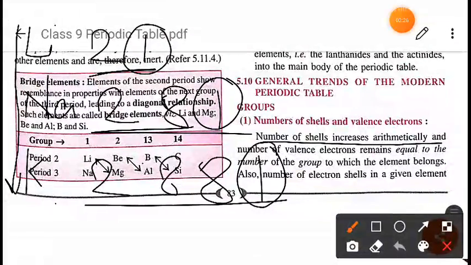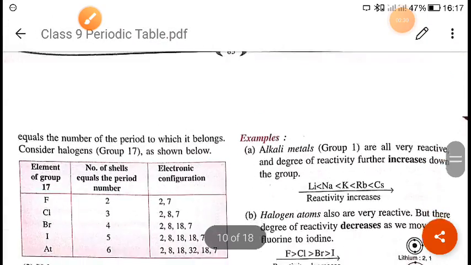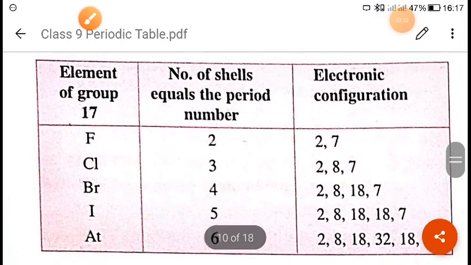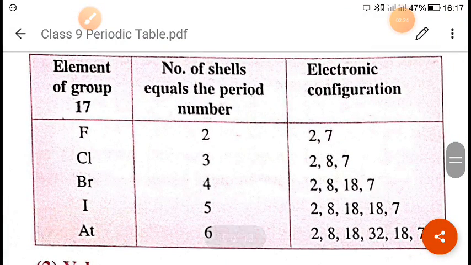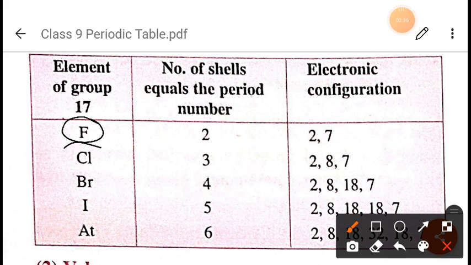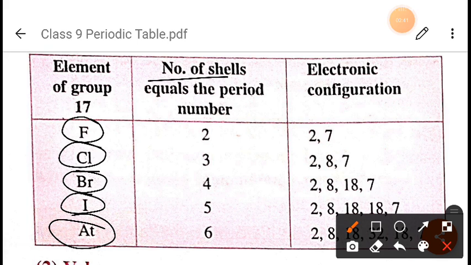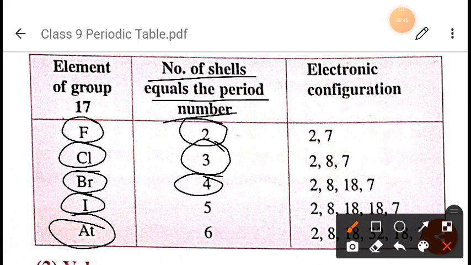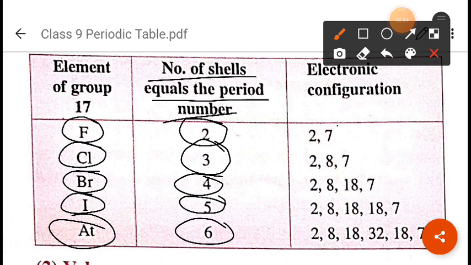I will give you one more example. Here the elements are fluorine, chlorine, bromine, iodine and astatine, right? When you see the number of shells equal to the number of the period, fluorine is in the second period, chlorine third period, then fourth, fifth and sixth period, right? Again, when you see the electronic configuration of these elements, in the outermost shell they have the same number of electrons, right?